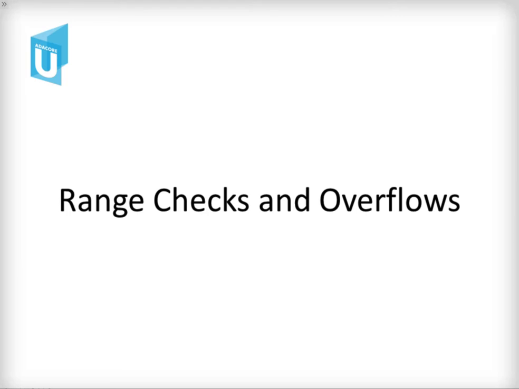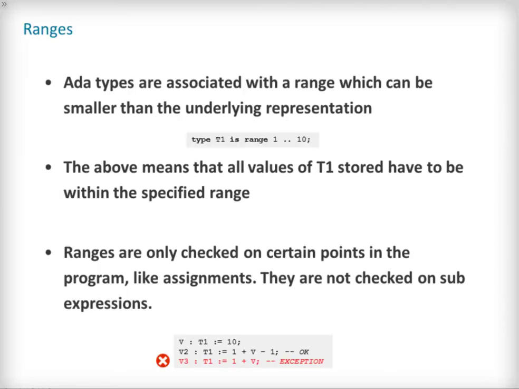The first section of this lecture will introduce you to the fundamentals of range checking and overflows in Ada. We understand that all high-level programming languages are ultimately compiled into machine instructions involving memory and CPU registers.